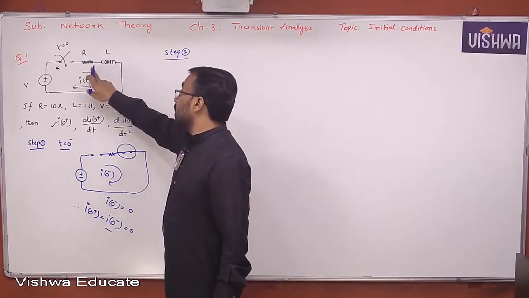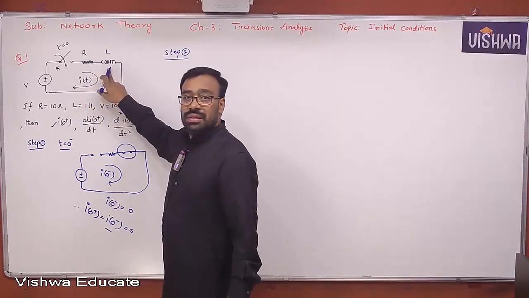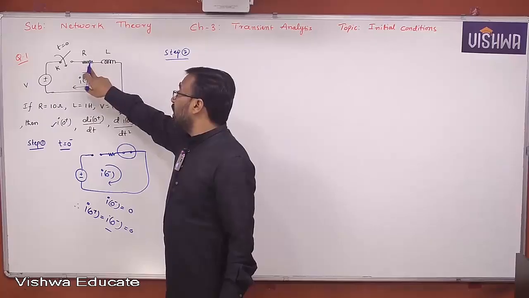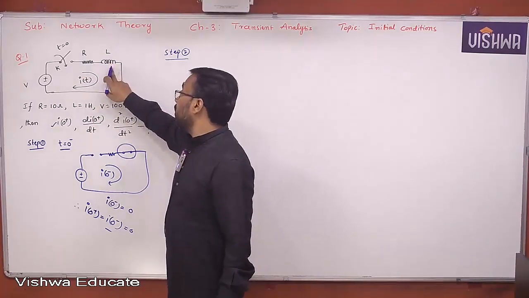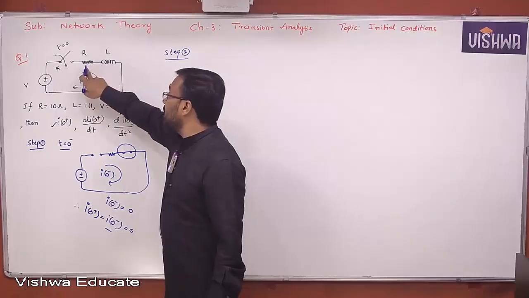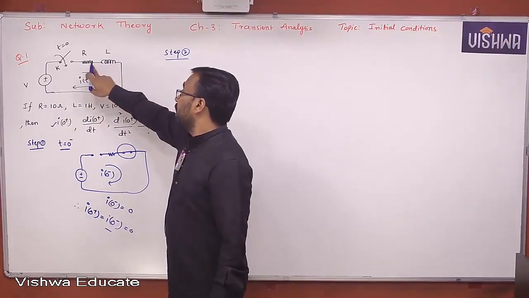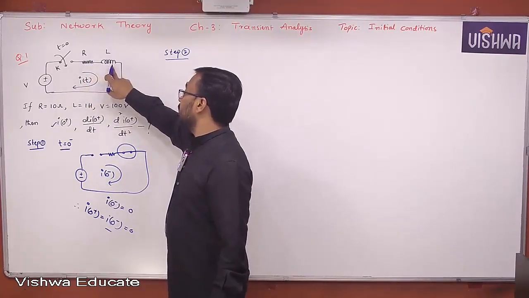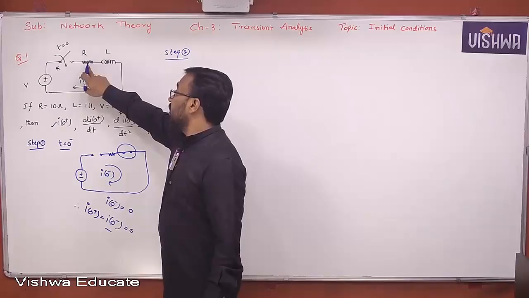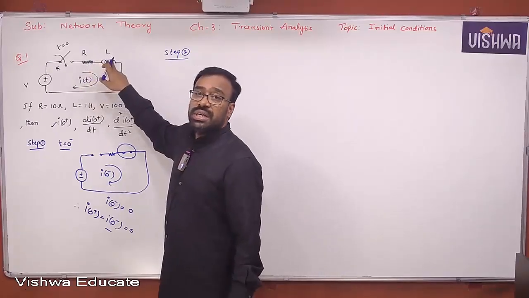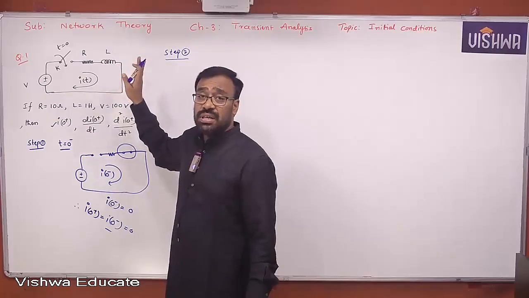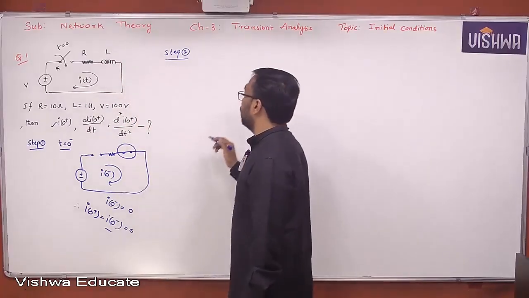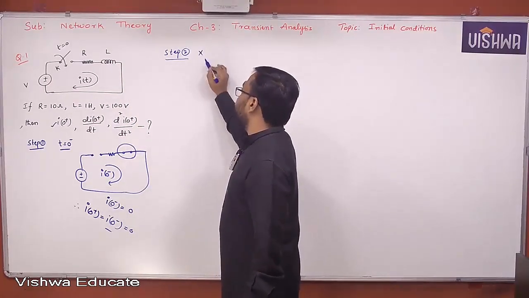You can say current through the resistor, but the current through the resistor will follow the current through the inductor. Because the resistor is in series with the inductor, the current through the resistor also may not change instantaneously. Understand all of you? So the second step is not required.